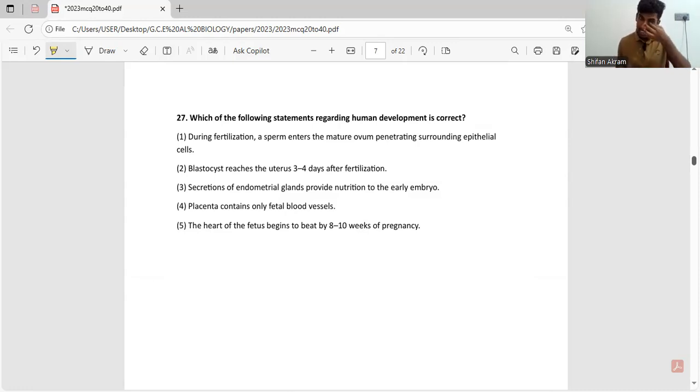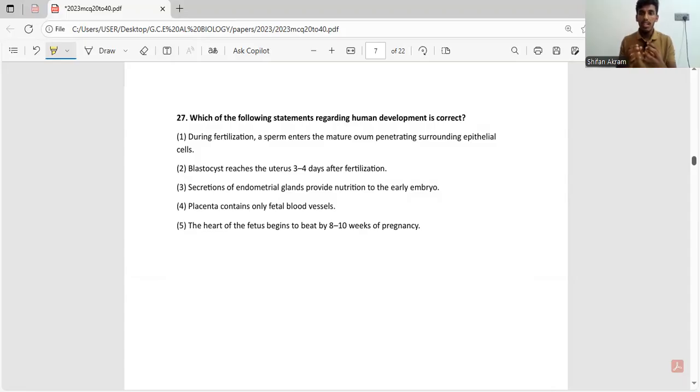Third statement: secretion of endometrial glands provides nutrition to the early embryo. Let's go in order. As I said, they are in the morula stage after 3 to 4 days, but after 5 to 6 days they become the blastocyst. This blastocyst goes and gets implanted into the endometrium, right? Now they are implanted. Do they have the placenta yet? No. The placenta is normally the structure that provides nutrition to the embryo, but at this earlier stage the placenta is not present.